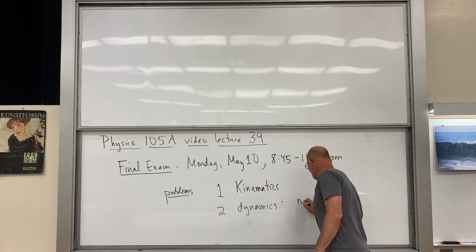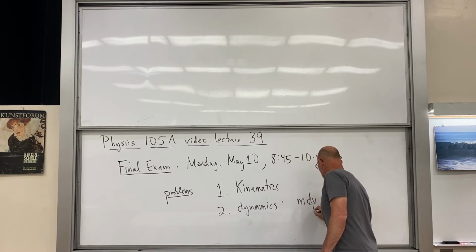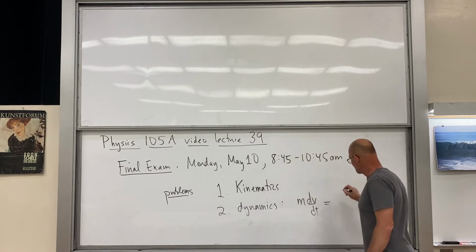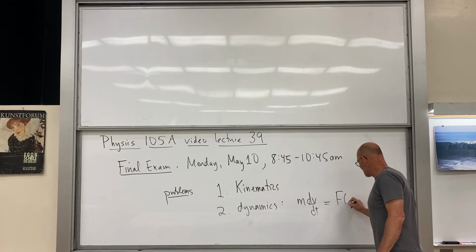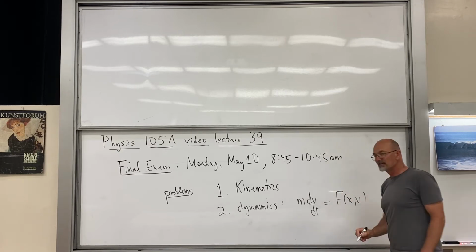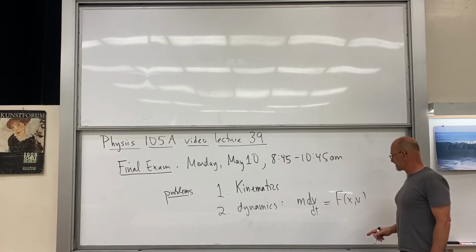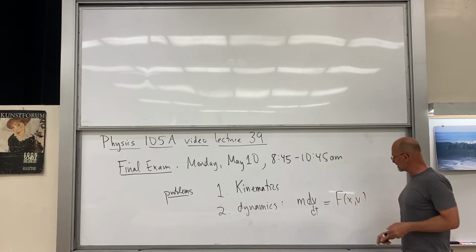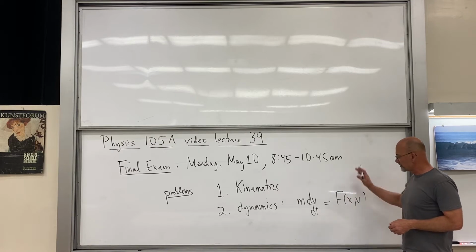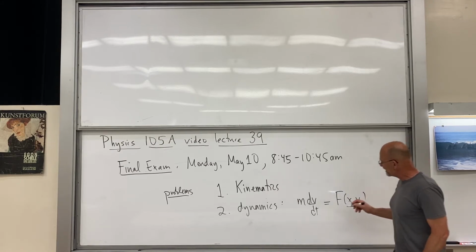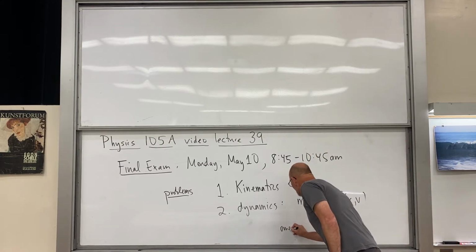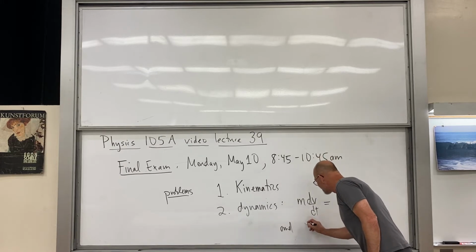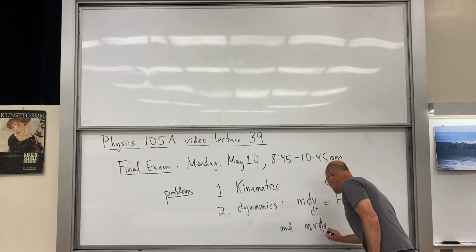So we're looking at m dv/dt equal to some function of, say, position and velocity, or it could be just a function of velocity, or a function of position, of the type we did before. One important type is m v dv/dx, right?